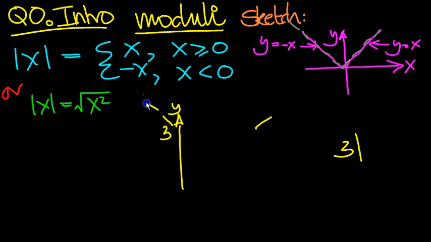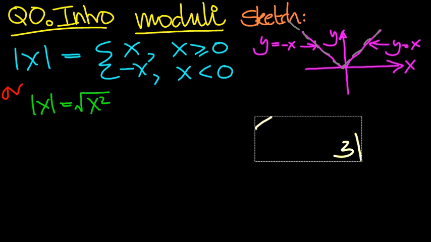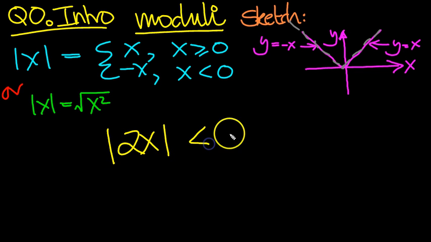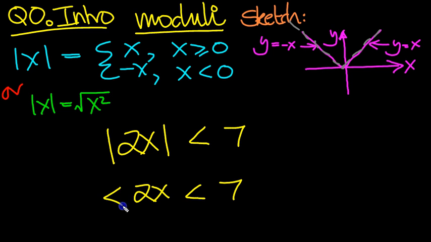So these problems in this section involve moduli, lots of problems, but in essence it's an awful lot of curve sketching and then interpreting a modulus in terms of its inequalities. So the other thing we do is if you have, say, modulus of 2x is less than 7, that means the size of the number 2x is within a distance 7 of the origin on the number line. Well, that is what we mean.